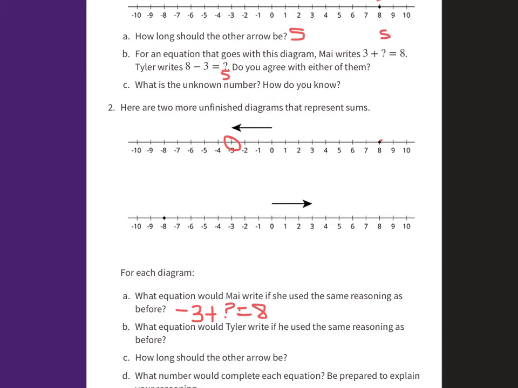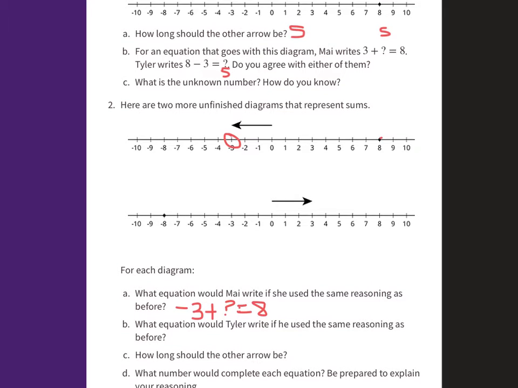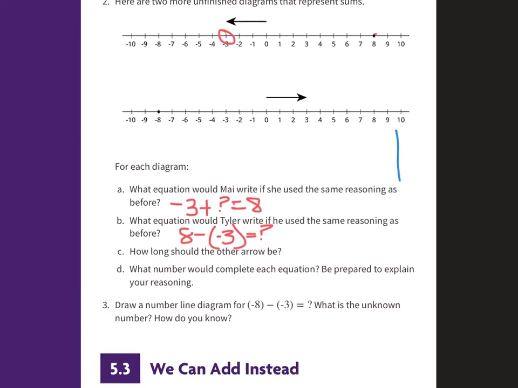Well, he's writing a subtraction problem, so 8. He's taking the answer. He starts with 8. He minuses the number we already know, so he minuses a negative 3, and he gets a question mark. Okay? So that's for the first one. Let's keep answering the questions, then we'll do the second diagram.